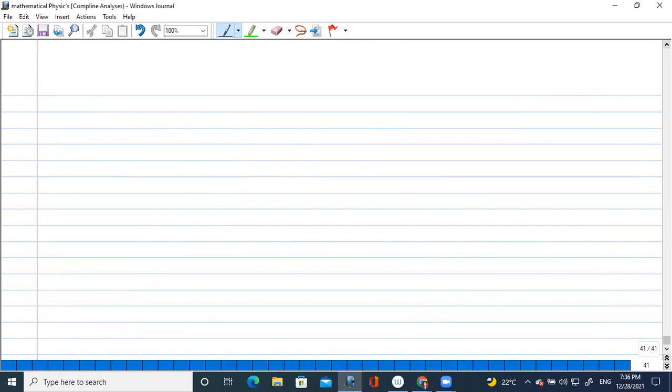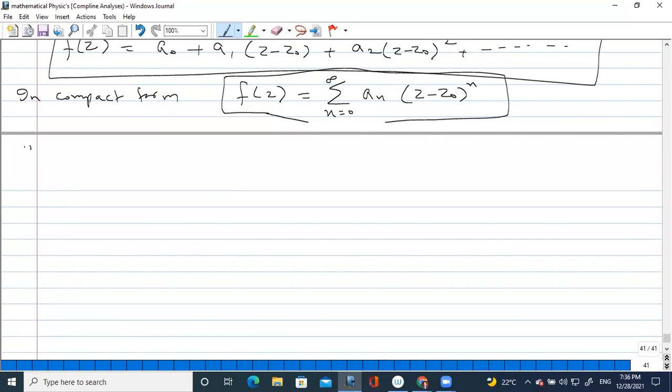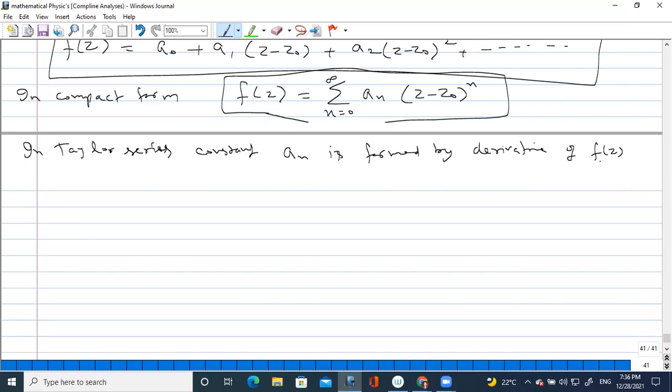You can say in Taylor series constant an is formed by derivatives of f(z) at the z0 point.